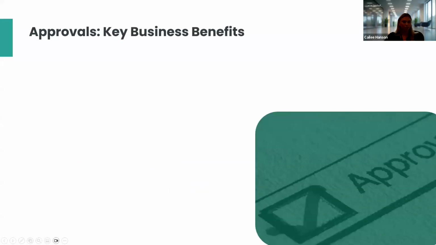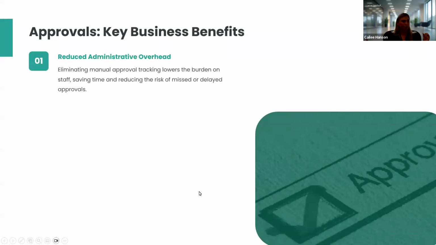All right, so first dialing into the approval side, some of the key business benefits here. Number 1 is reduced administrative overhead. With the automated approval routings within Acumatica, you can eliminate the manual approval, which lowers the burden on your staff, saves time, and reduces the risk of maybe missing an approval or having approvals slip through the cracks.